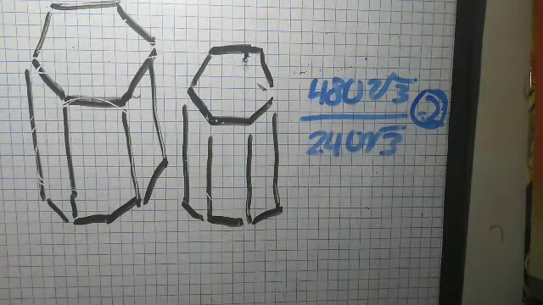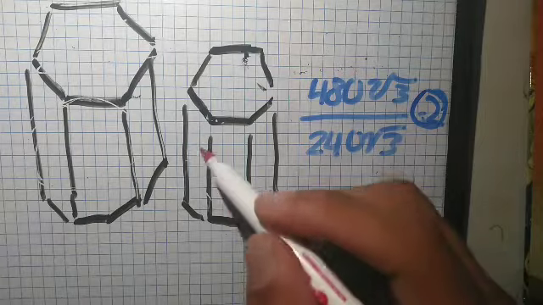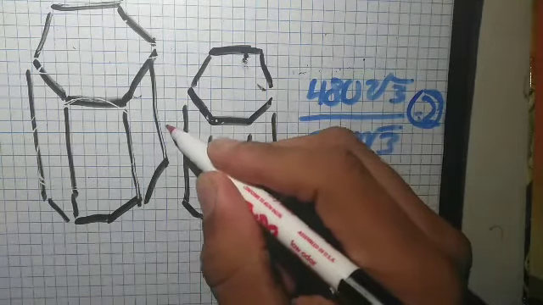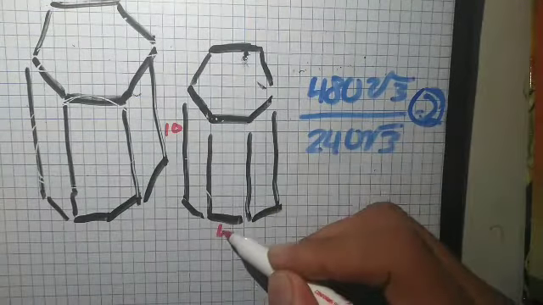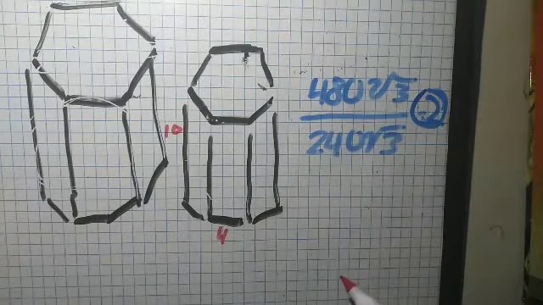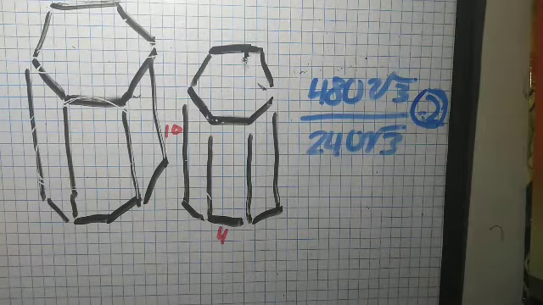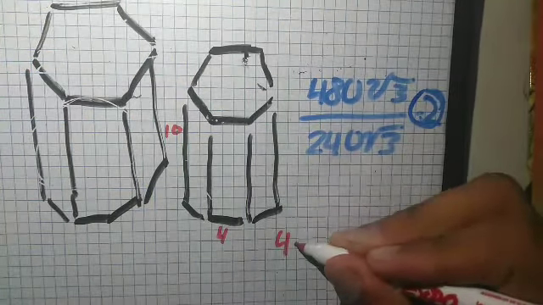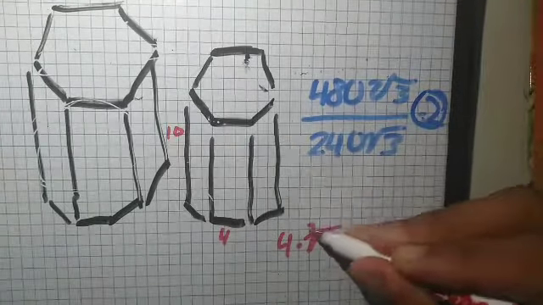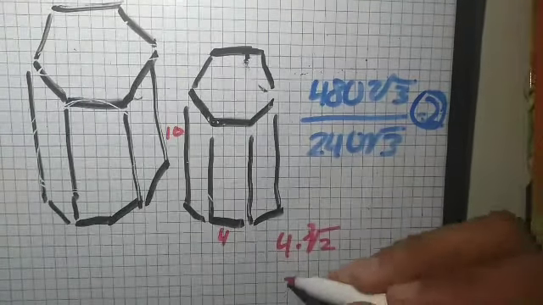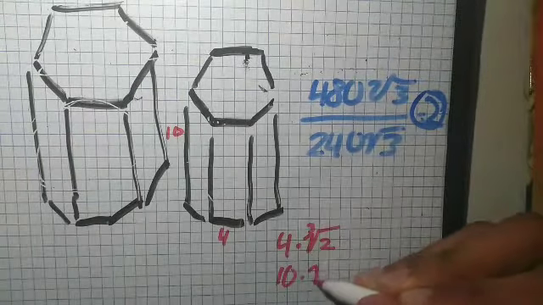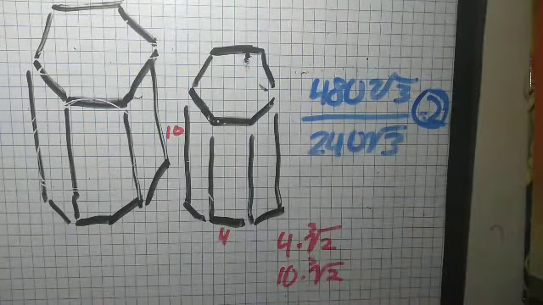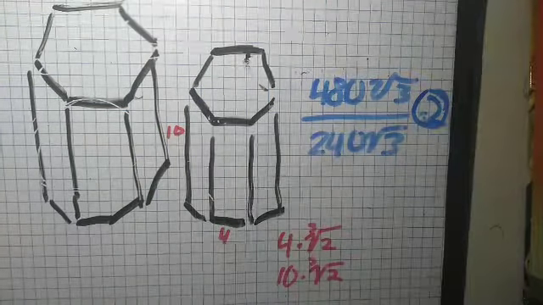Again, my words can be confusing sometimes, and it's better if I just write it out. So we remember that this has a height of 10 and this has a base of 4 units. Let me write it out. We would end up with 4 times the cube root of 2, and 10 times the cube root of 2.